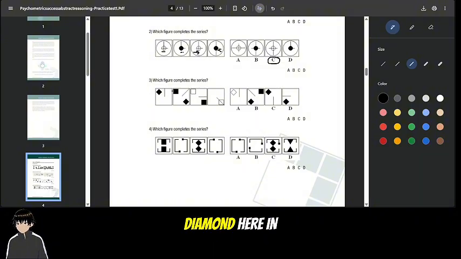Diamond. You have a diamond here and a square. Okay, so the line here is moving clockwise as well every time, but the pattern is there's boxes that's basically being distributed.